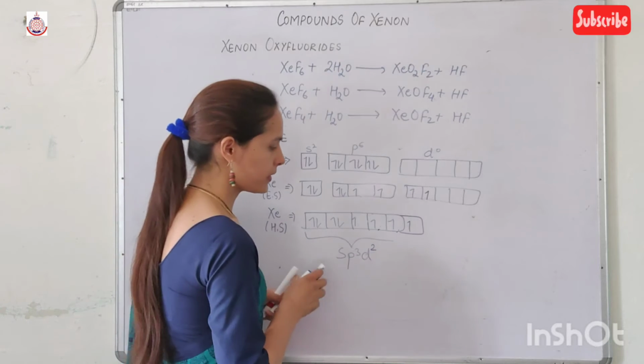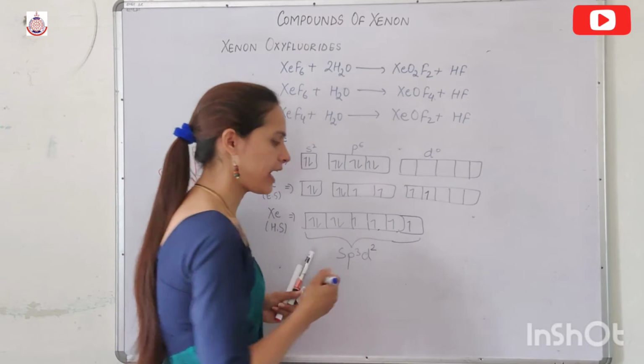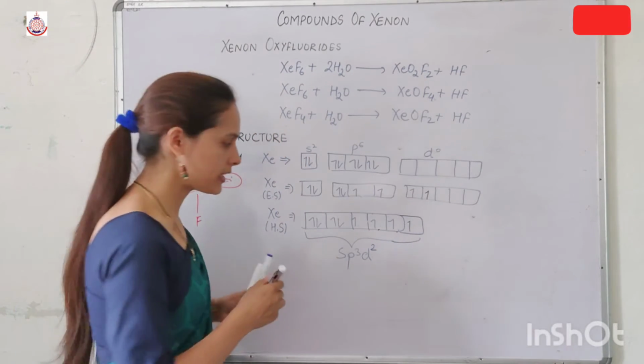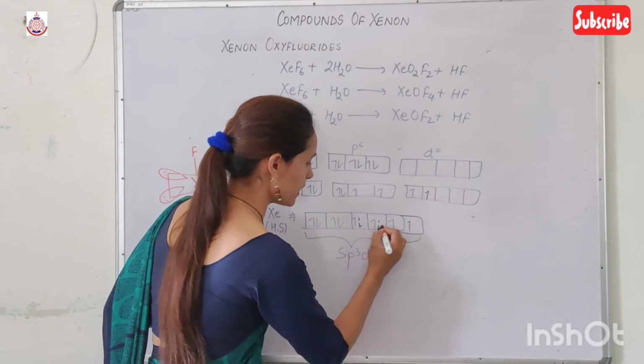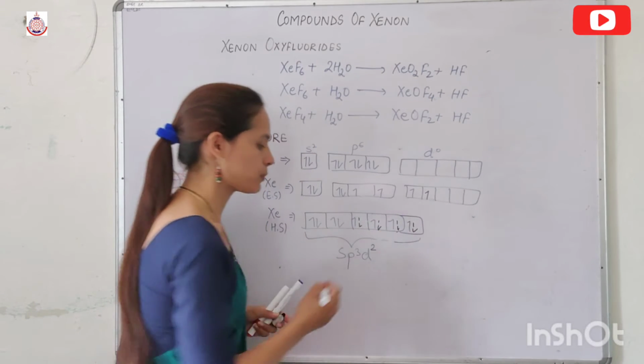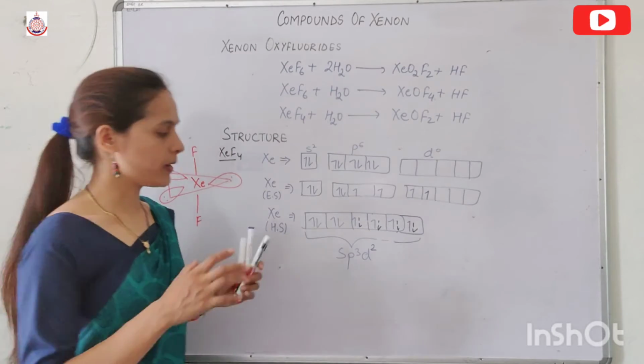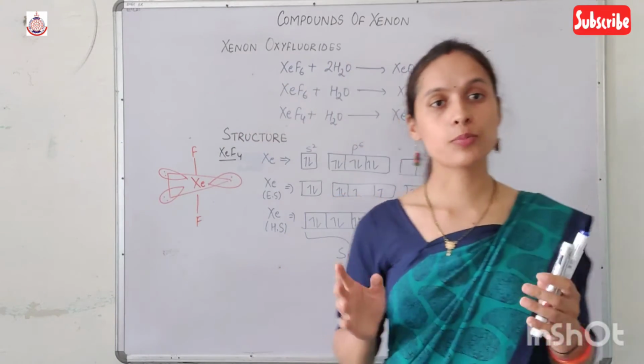In these 4 orbitals, the fluorines reach and make bonds, and the hybridization becomes sp3d2.